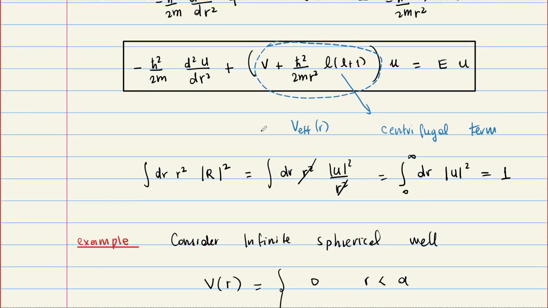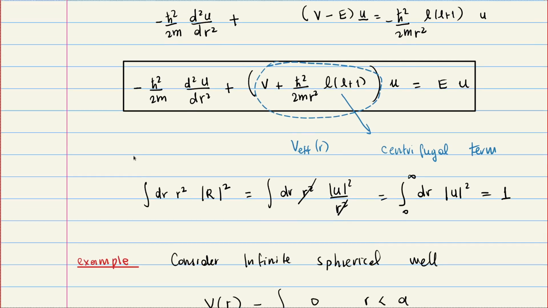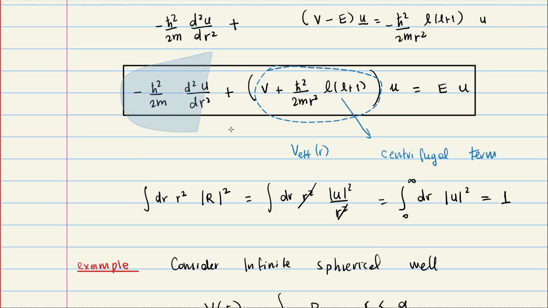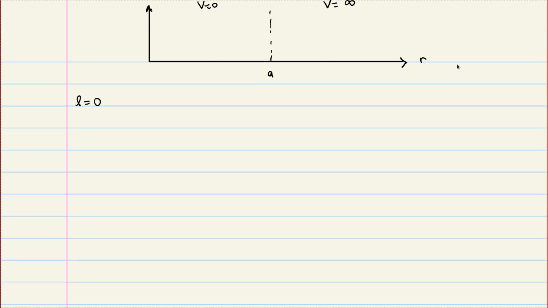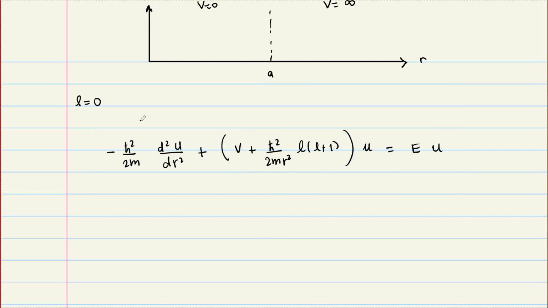Let's first focus on L equal to 0. After that, I will also consider L non-zero. Then the equation is here. Let's copy this horrible looking equation. So first, we take L equal to 0.